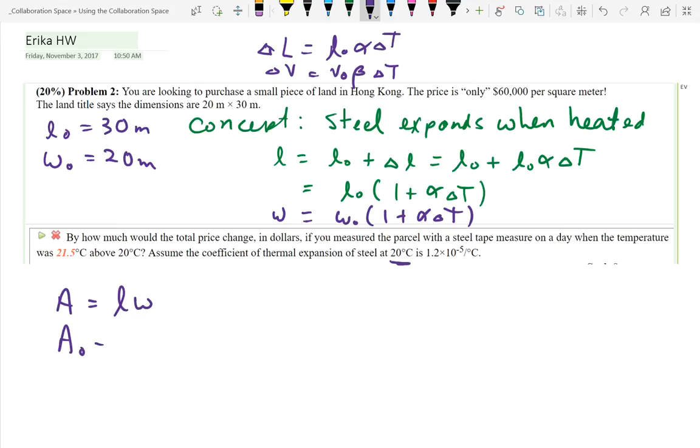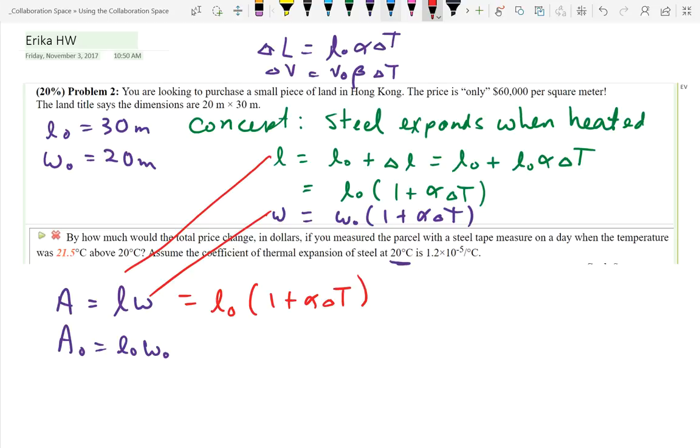The original area is equal to original length times original width. I'm just going to substitute what we've just calculated for length and width, so that's going to be my new area.